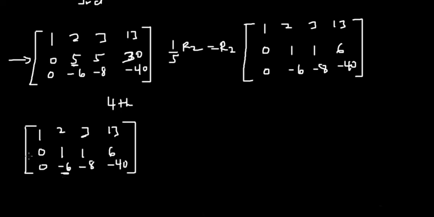Again, multiply a value to the row containing the leading one and then add that to the row which is not containing the leading one. So let's see how we could convert this to 0. So let's convert row 3. Row 3 will be equal to, now let's multiply a reasonable value to the row containing the leading one.